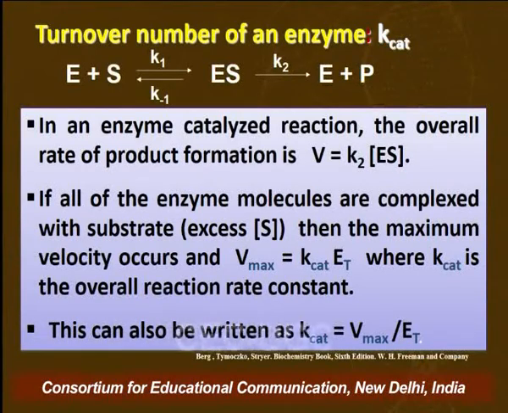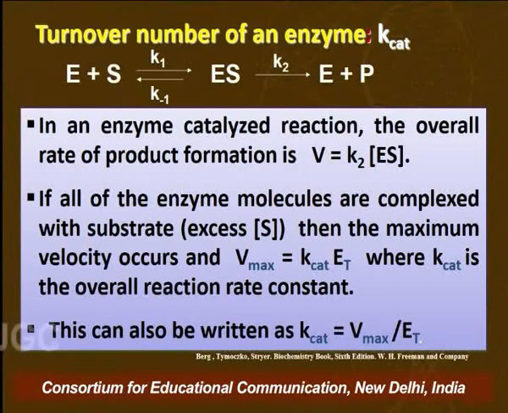This gives how many reactions are occurring in a unit time at one active site within that enzyme. By extrapolating, Vmax is equal to kcat Et, where Vmax is the maximum velocity, kcat is the turnover number of the enzyme, and Et is the total enzyme. So kcat can be written as Vmax divided by Et.